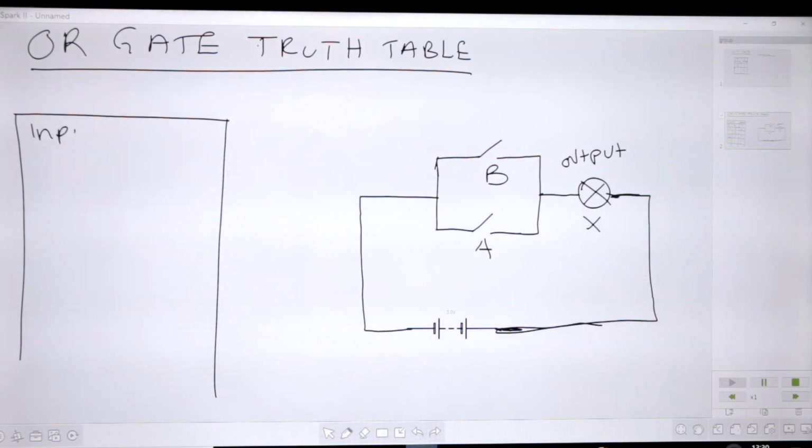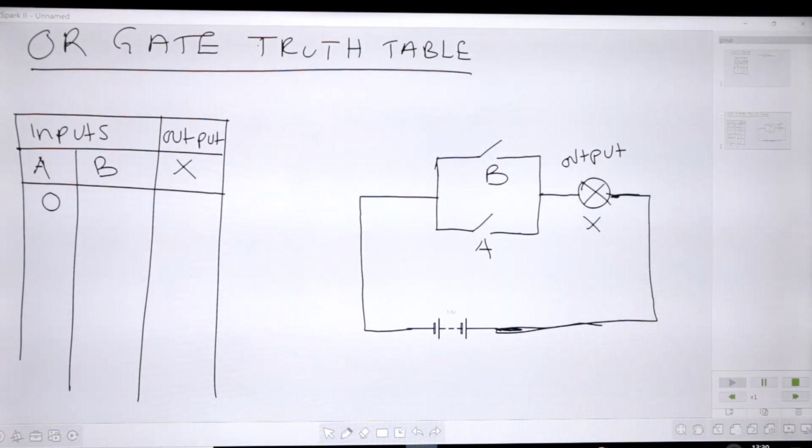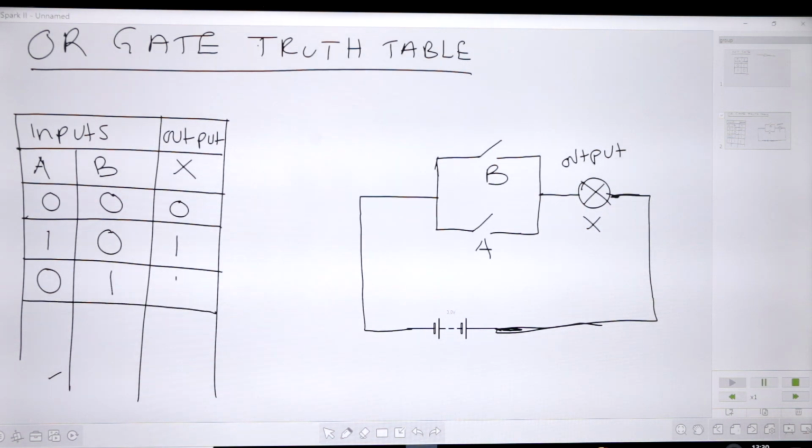Then coming to our truth table, we said we have two inputs and one output. The inputs are A as well as B. Then the output is X. If it's 0, 0 for both, the lamp will remain off. If one is turned on, the other one is off, the output will still be 1.